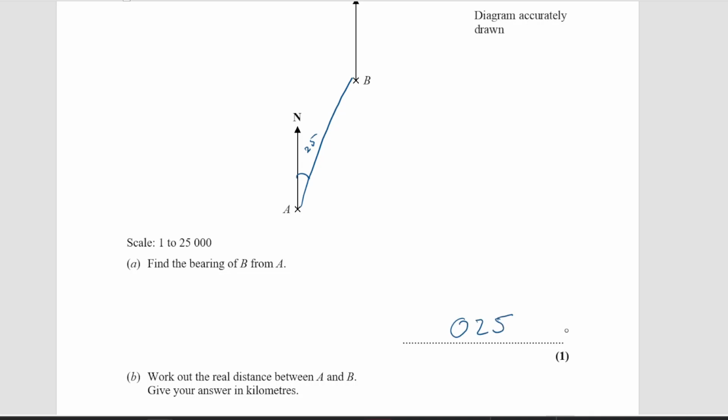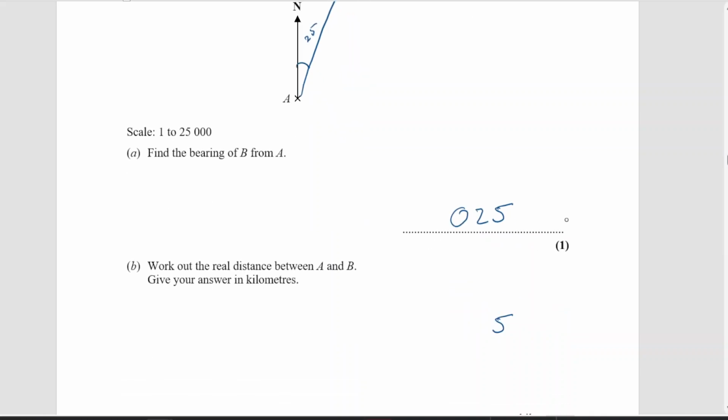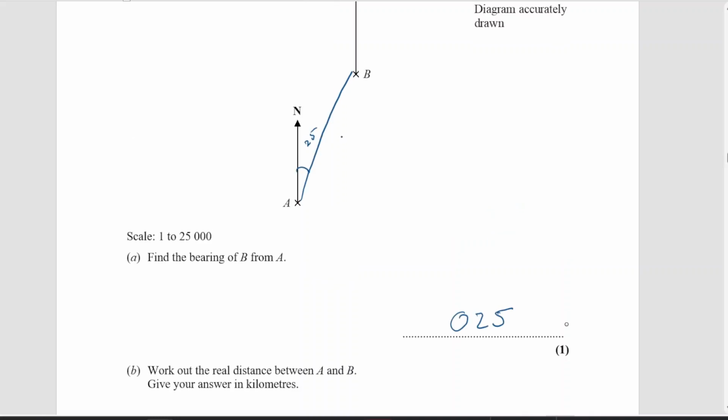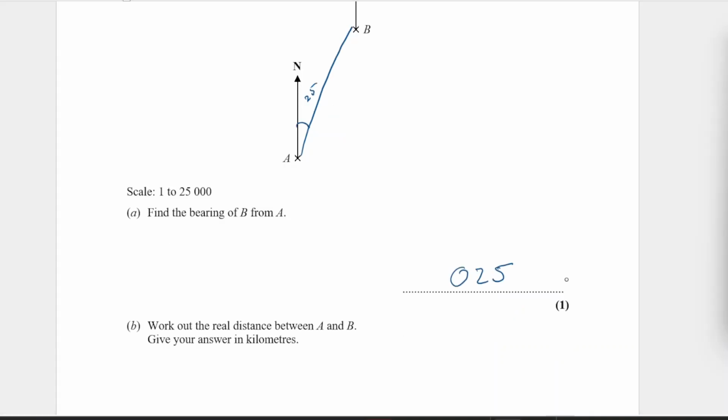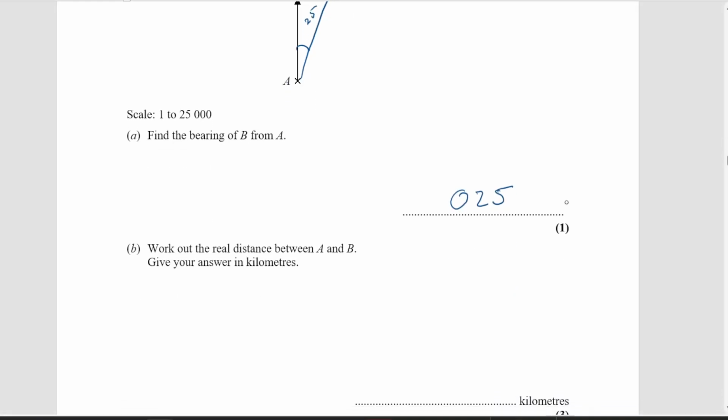For the second part, work out the real distance of A from B. So I need to measure that length there. When I measure that line, I make it 5 centimetres. If I'm using a scale of 1 to 25,000, that means 1 centimetre on the map represents 25,000 centimetres in real life.